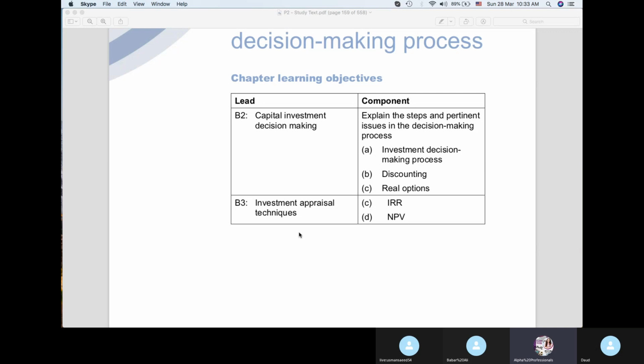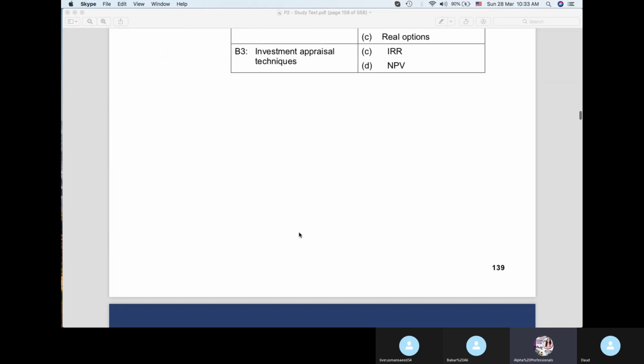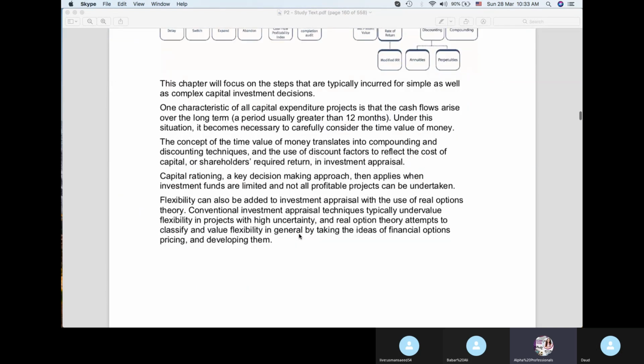In order to select the best option among all the available options, they will have to carry out an appraisal of the available projects, which will give them the insight as to which investment proposition is economically more beneficial compared to the other ones. So let's start this chapter.